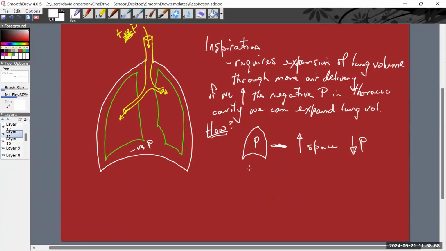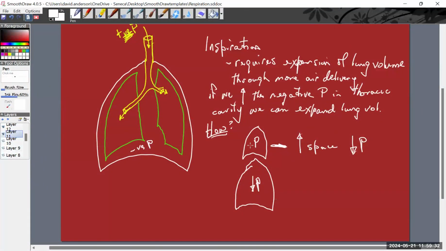We can increase the space by increasing the distance, superior to inferior, and also by making it wider and taller. So that would result in a decrease in pressure, right? So are we okay with that? Because you can see we increase the space, and as a result, we're going to decrease the pressure.